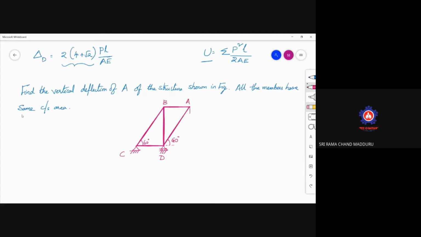Here a vertical load of capital P is acting. All members have the same cross-sectional area, and the material Young's modulus is E only.